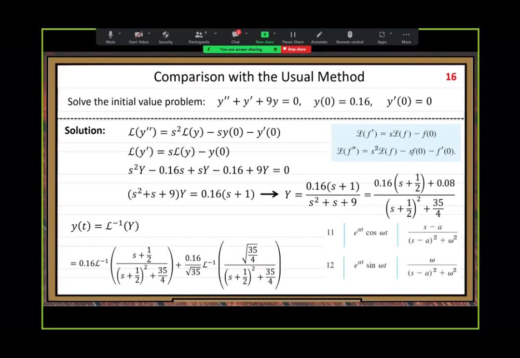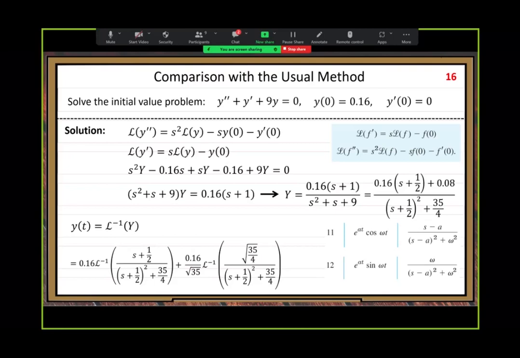We know that omega is root of 35/4. After we put omega at the numerator, we need to divide by that omega in front of the inverse Laplace transform, so we change the coefficient.